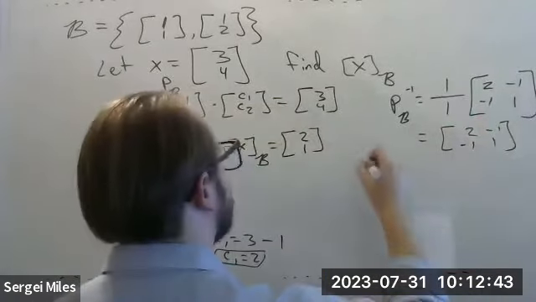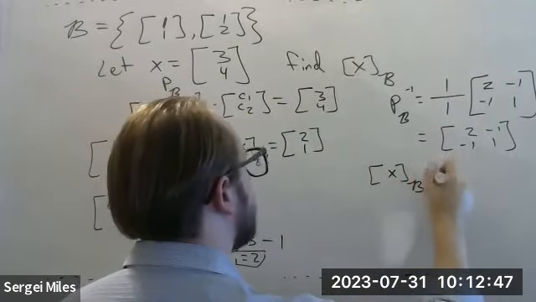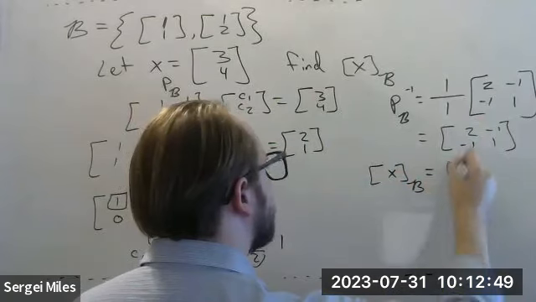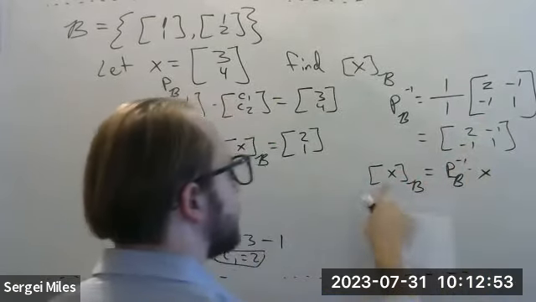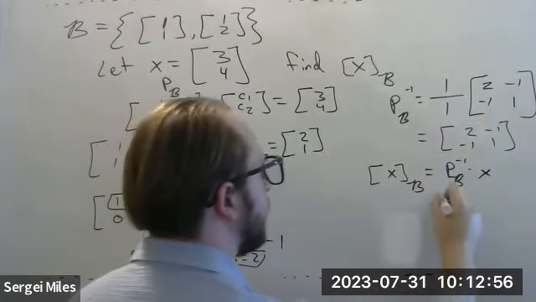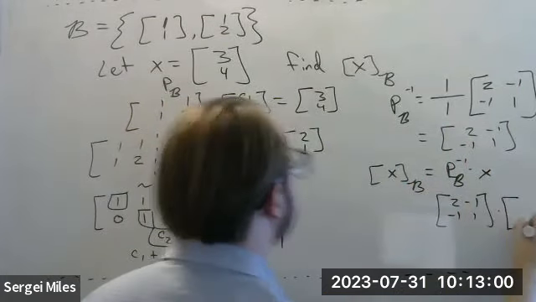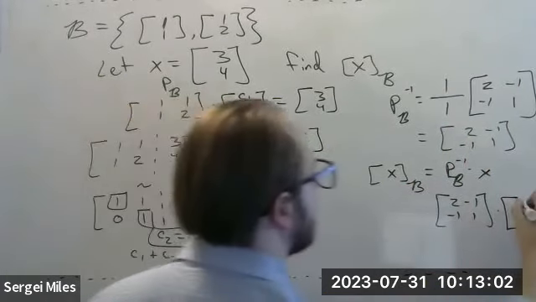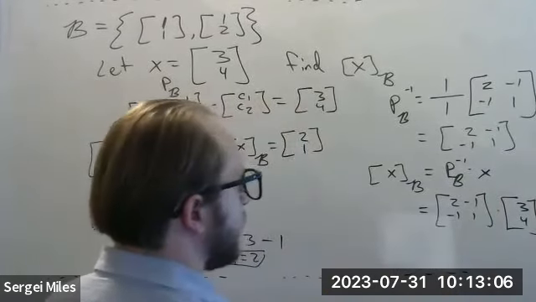Well, what's the point of this? If I multiply both sides by the inverse matrix, we have PB inverse times X equals my B coordinate vector. That's 2, negative 1, negative 1, 1, times my X, which is 3, 4. And what do we get here?